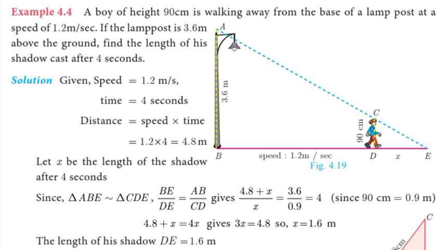First we draw a diagram and then split into two similar triangles ABE and CDE, and then corresponding sides BE divided by DE and AB divided by CD are equal. We get the x value is 1.6 meter. The x is the length of the shadow. Length of his shadow DE equal to 1.6 meter.